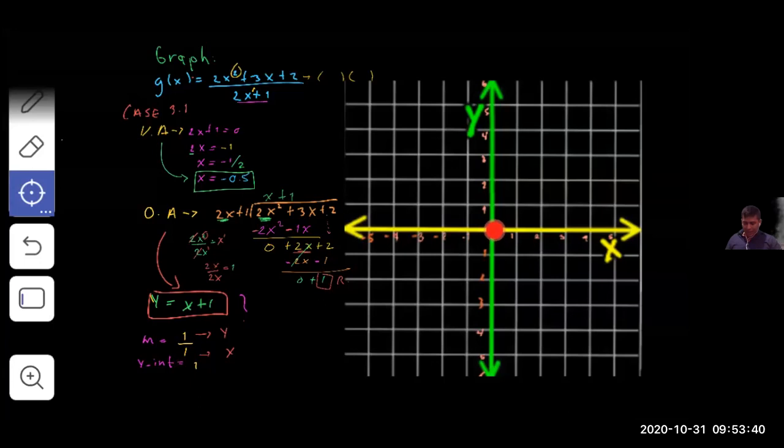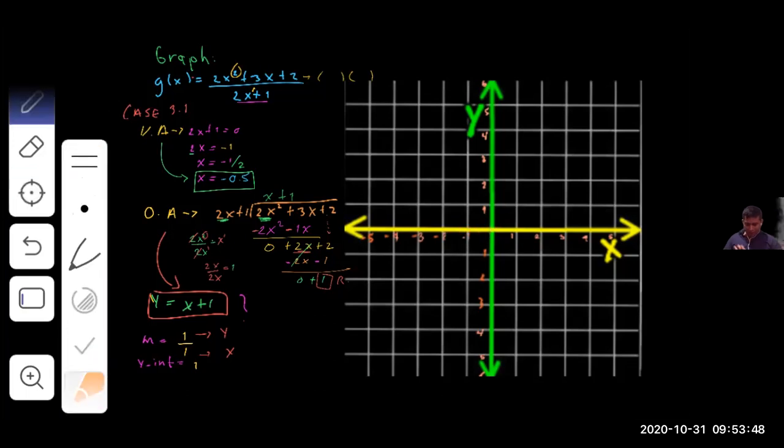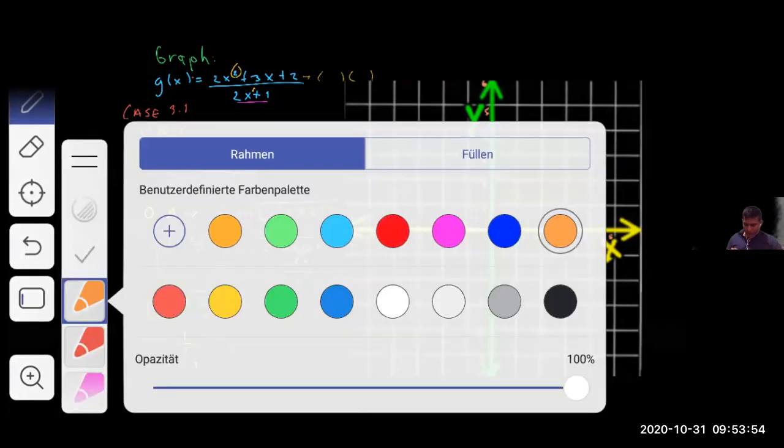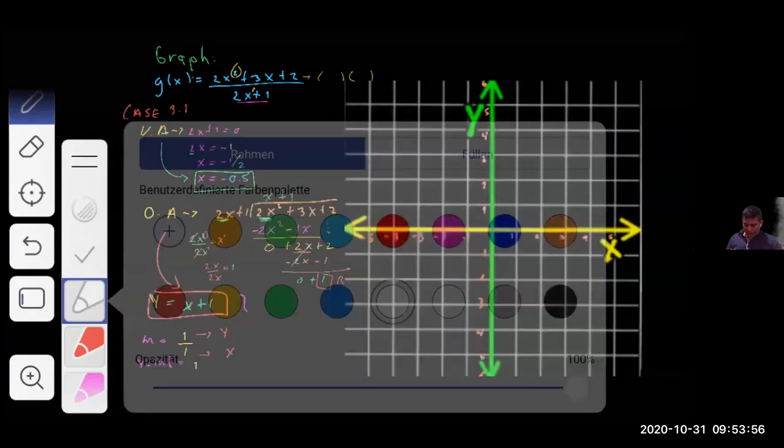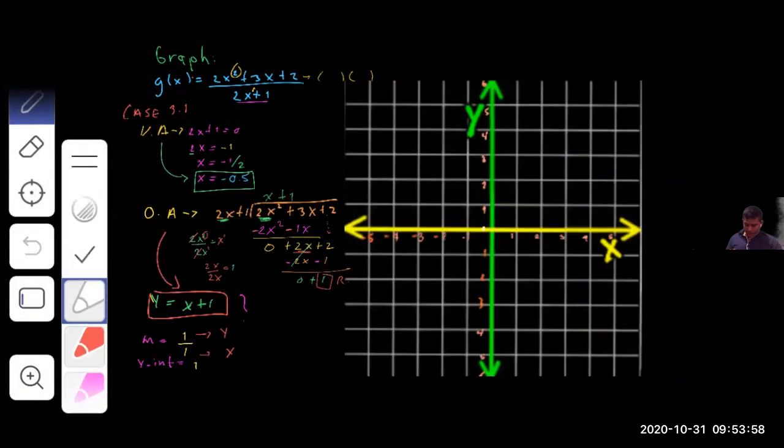This is 0, negative. It will be between negative 1 and 0, right? It's going to be a point, actually here. I'm going to try to make that point. I'm going to use the white color. The point is going to be something like this. Now I'm going to make my vertical asymptote over there.